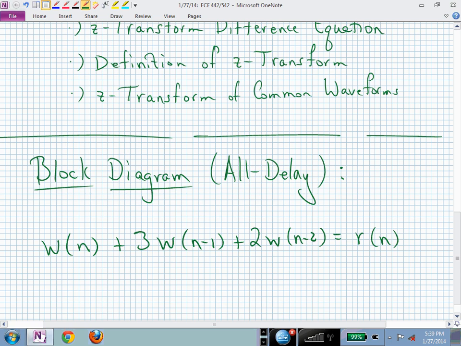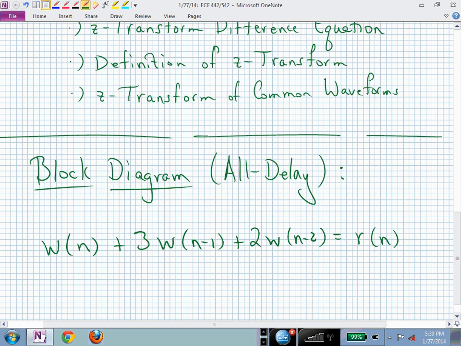This is a non-homogeneous difference equation because we have a forcing function or an input driving, and our input now is some generic signal R of n. But W is the variable that we're using to describe that behavior in the time domain.